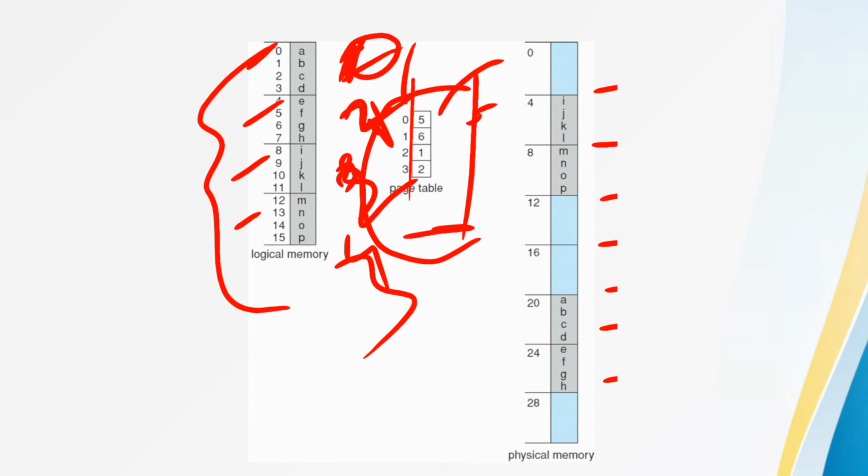See here. Page 0 has the frame number 5. So how many bytes does each frame have? 4. 5 into 4 equals 20.